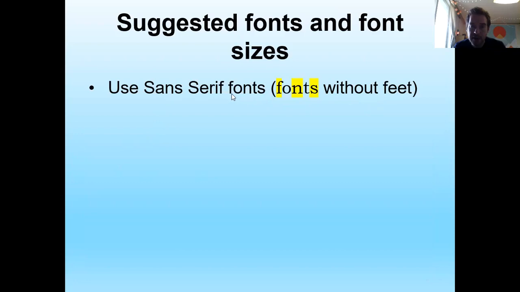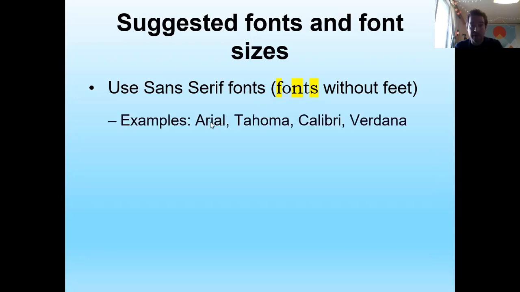This F does not, because these are different fonts. Look at the N. There are no feet for this font. For this S, there's no feet. This font that's in yellow has feet. Choose fonts without feet. So this is without feet. And these are without feet: Arial, Tahoma, Calibri, Verdana. As you can see, no feet on the bottom of these letters.